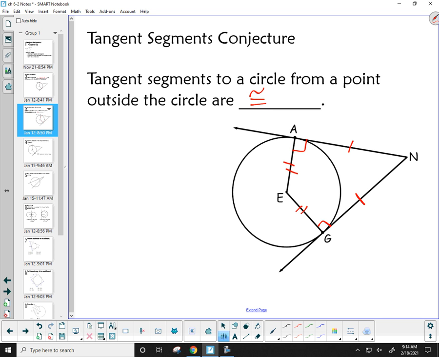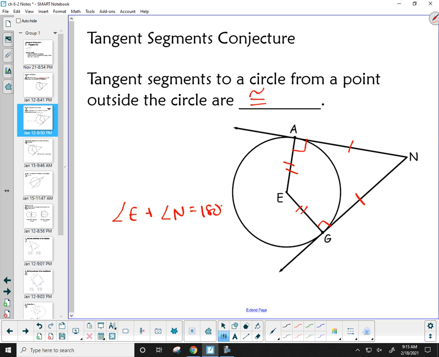Because this kite is made with tangent lines and radii, this has to be 90, this has to be 90. We've accounted for 180 degrees here and here, right? That means angle E and angle N are going to add up to be 180 degrees as well. That's a shortcut that you're going to see works in a minute.